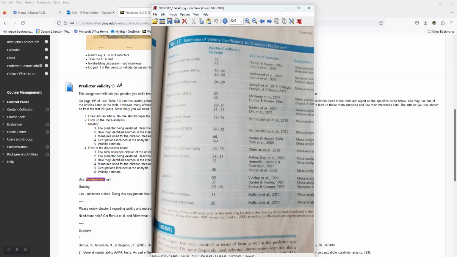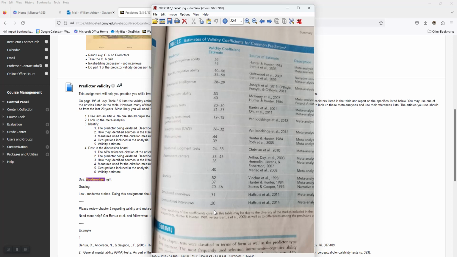These are correlation coefficients. When you use unstructured interviews to interview people for a job and hire them based on the interviews, the correlation between that and job performance is only 0.2, which is low on that rubric I've given you about Pearson's correlations.